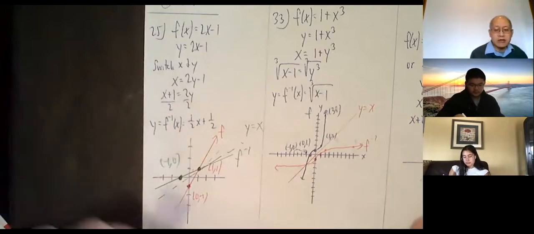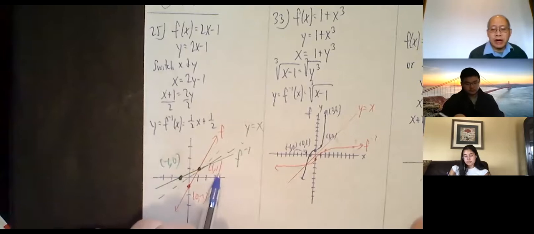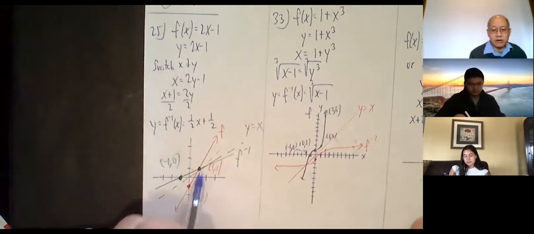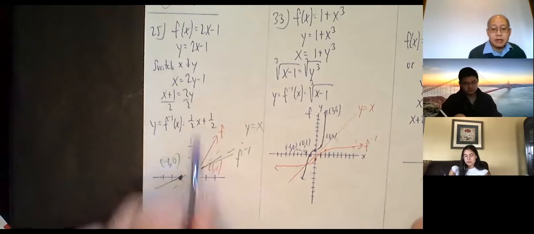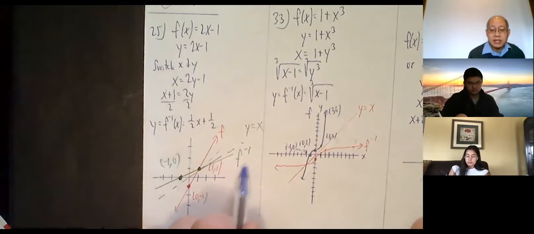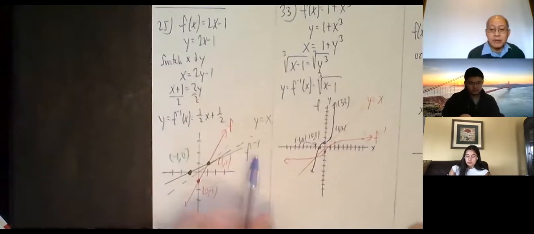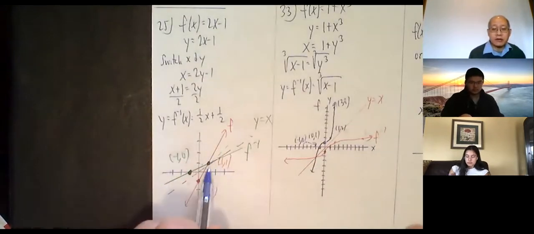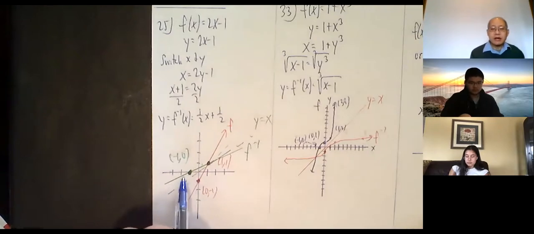Switch around 0, negative 1, 1, 0. Switch around 1, 1. Well, you still have 1, 1, so that stays. You know this is a line, so just connect those 2, and there's my inverse. So the green is f inverse, the f to the minus 1 thing. Here's the original f that I have in red.